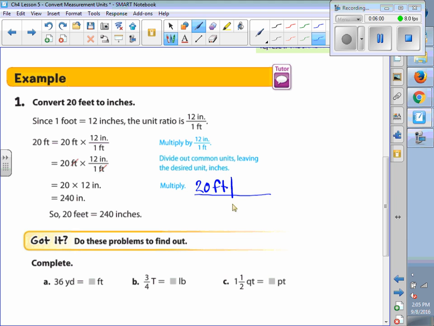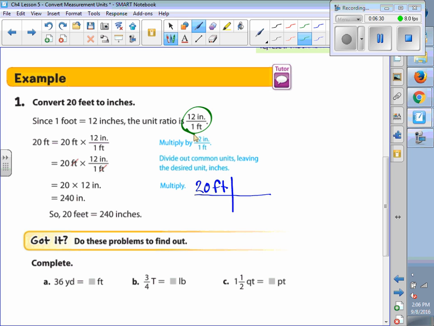And then we're going to make a table. We're going to multiply 20 feet times 1 in this format. Okay? In a ratio format. So, if I wanted to place my ratio into the table there, where will I put feet if I want it to cancel?